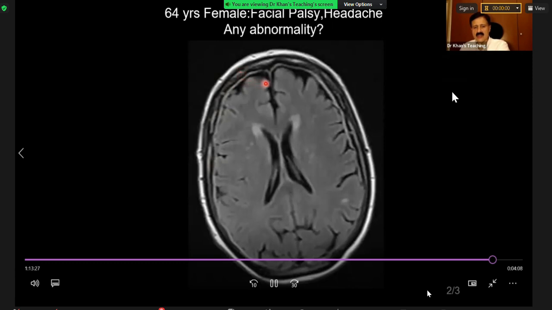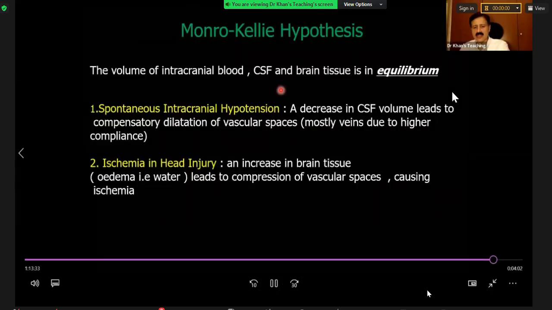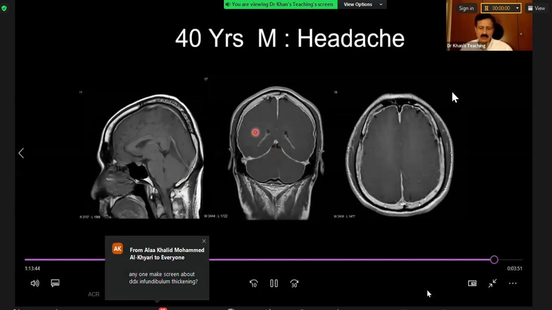And when you give contrast, it shows enhancement. So this case we have considered previously, last time. And the classical exam case is this one, where there is sagging of the midbrain, and with this there is diffuse dural enhancement. But this was, please remember, hypotension. So the CSF is low.